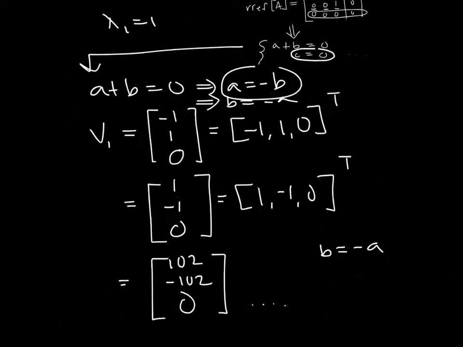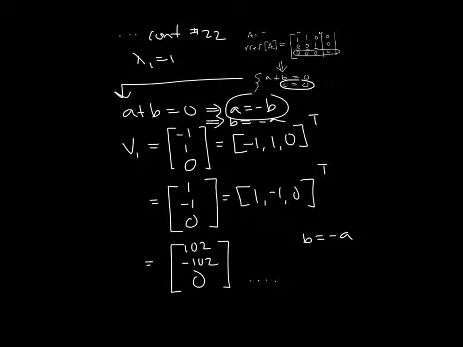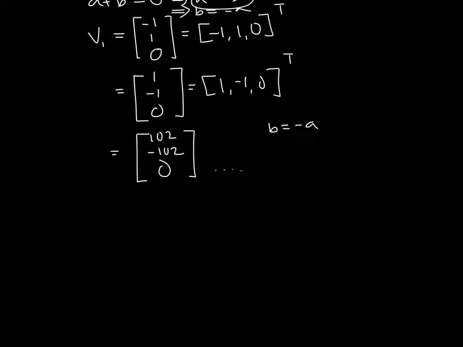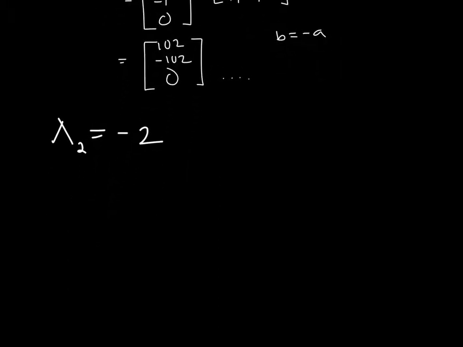So we're going to do the exact same thing with the next eigenvalue. Let's write it down. Lambda 2, my lambda 2 was negative 2. So I'm substituting this negative 2, right?